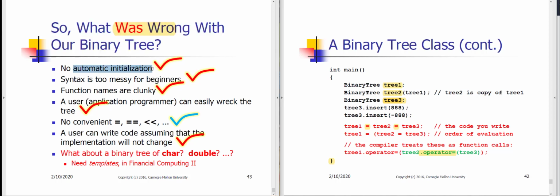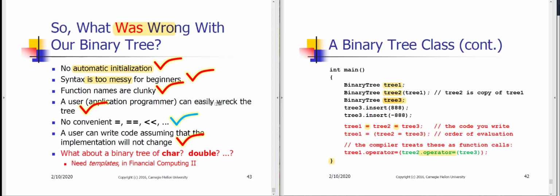We do now have automatic initialization using constructors, the syntax is a lot less messy because the application programmers, for the most part, don't have to worry about pointers and addresses and so on. The function names are nice and brief. We have insert and put and size and so forth, rather than these long interface function names.